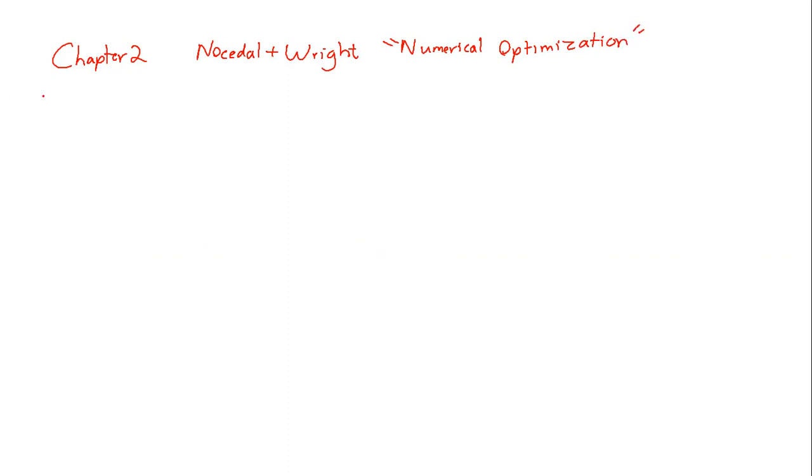Okay, so this chapter is called Fundamentals of Unconstrained Optimization. So here we have it unconstrained, and this is a much simpler case than what we'll usually face in chemical engineering or control.